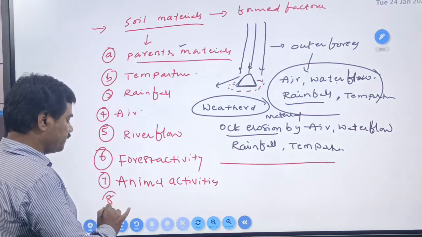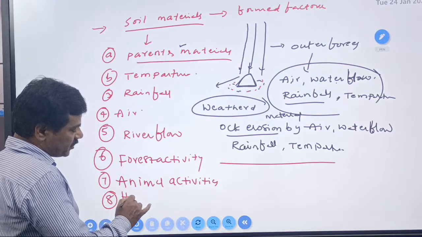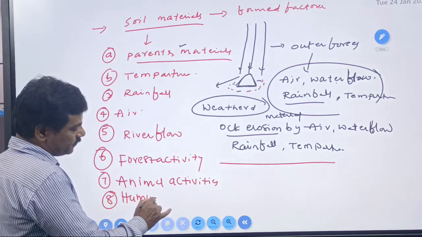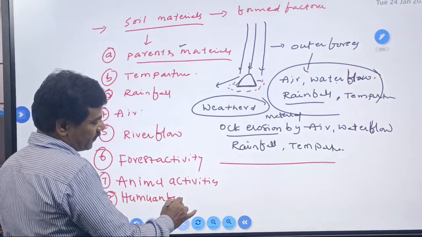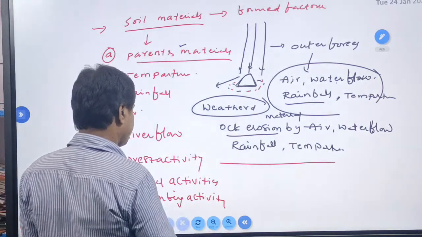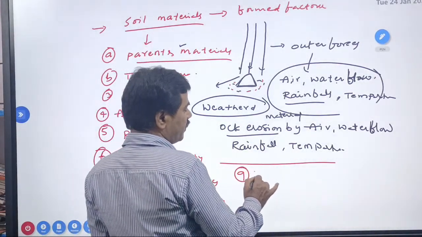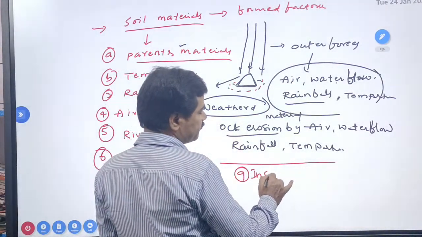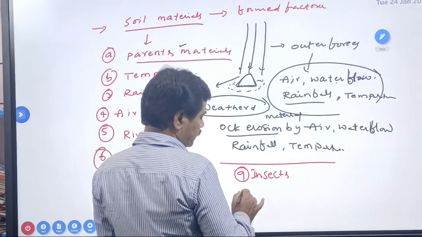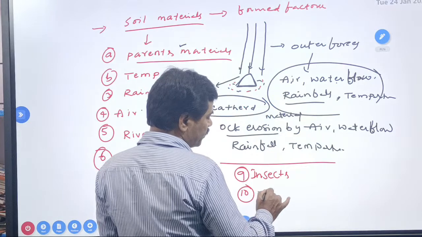Eighth one is human being activities. Ninth one, insects. Tenth one, and also time factors.